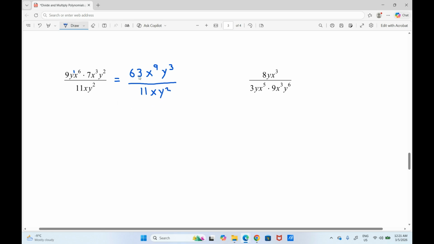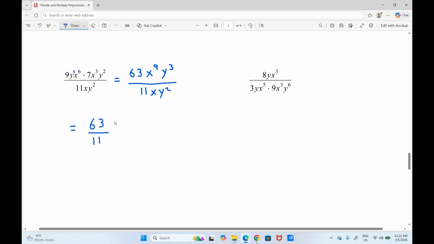Now, 63 and 11, I can't simplify that anymore. However, I can simplify x to the exponent of 9 divided by x, and y to the exponent of 3 divided by y to the exponent of 2. So what I'm going to get is 63 divided by 11, x to the exponent of 9 divided by x to the exponent of 1. That's going to be x to the exponent of 9 minus 1.